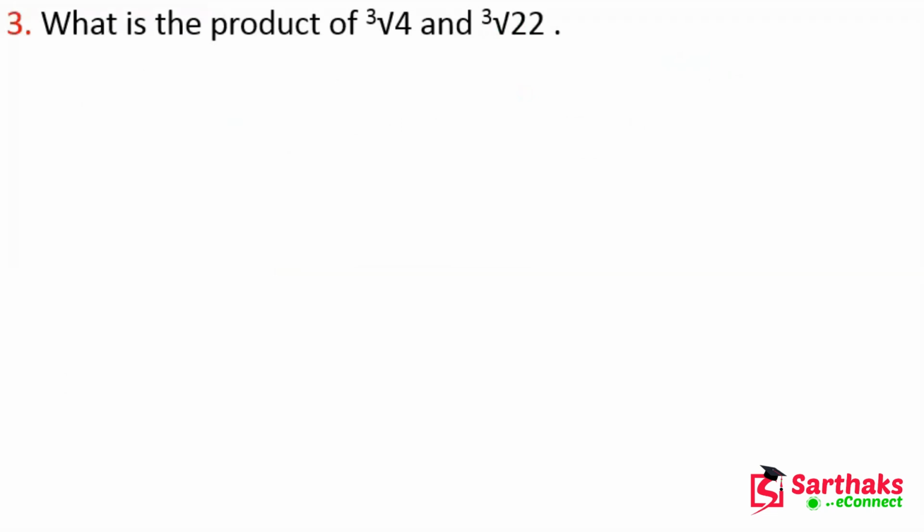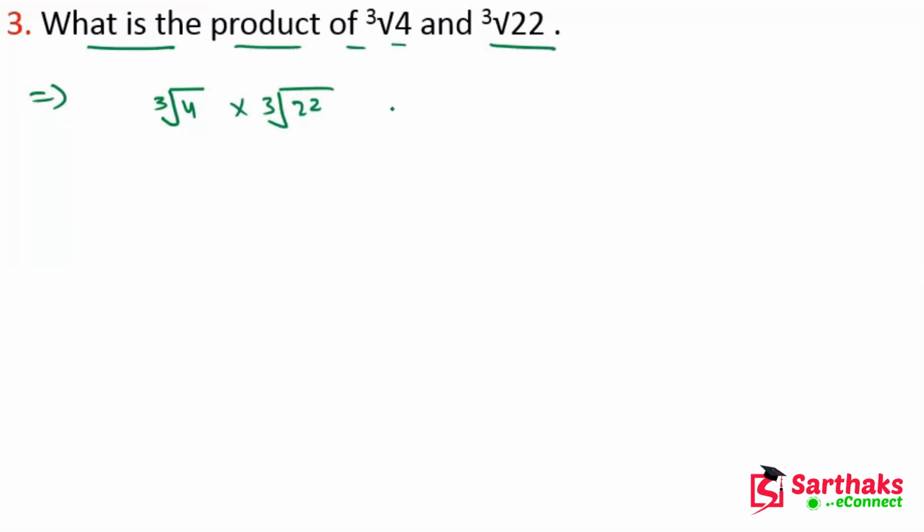So the next question is, my dear friends, what is the product of cube root of 4 and cube root of 22? Now we have to find the product between them. So this is cube root of 4 into cube root of 22.